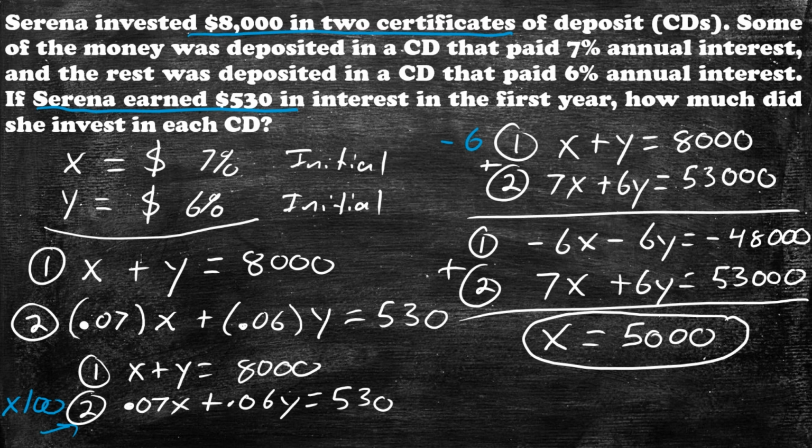Now what we want to do is find y, and the way we do that is we're going to go ahead and plug this into equation number 1. So x is 5,000 plus y is equal to 8,000. And we are going to go ahead and get y by itself, so subtract 5,000 from both sides.